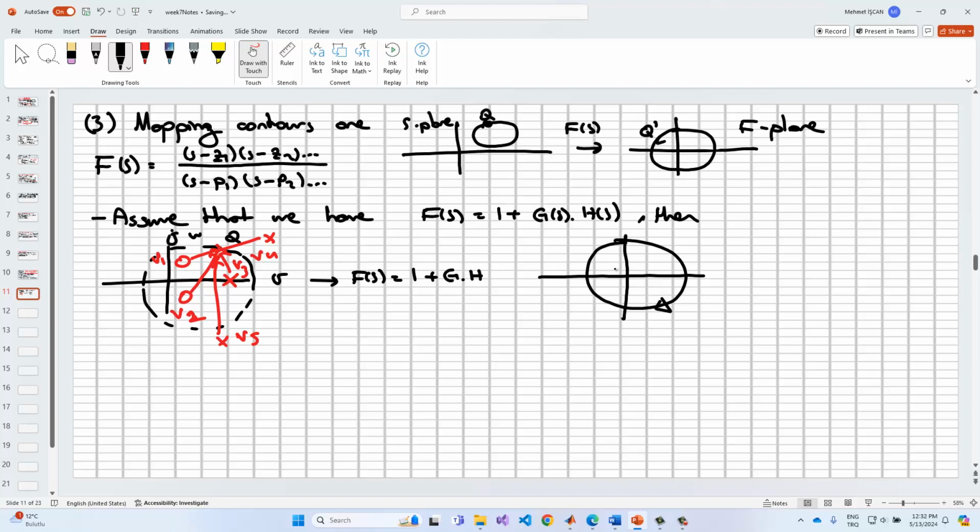Okay, this is the radius of this term, just like in the Bode plot in here, but this is the 1 plus GH plane in here. And so what are the values of the r? Just like in the root locus, v1, v2 are the zeros, right? And so v3, v4, v5 are the poles, right?